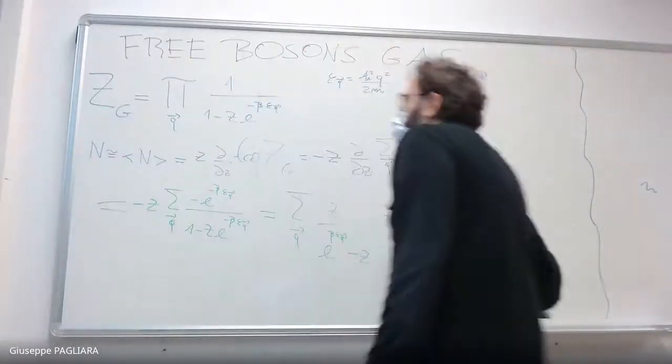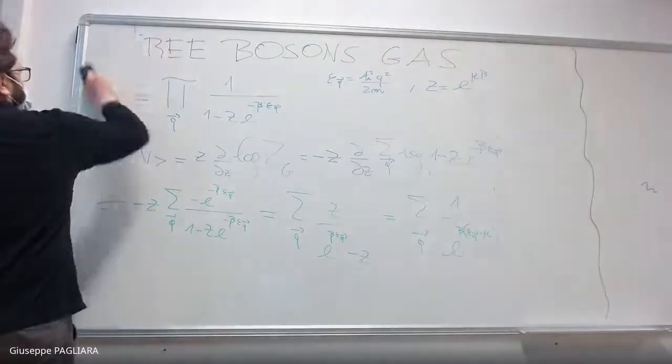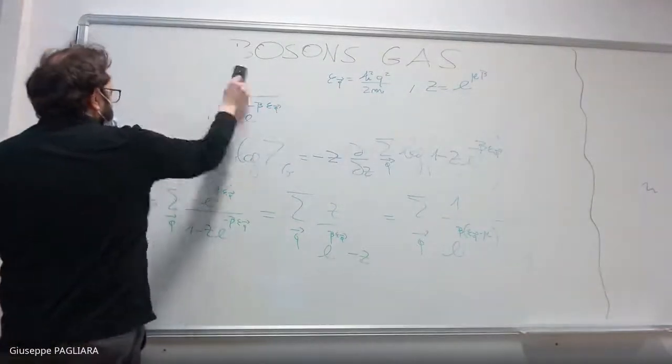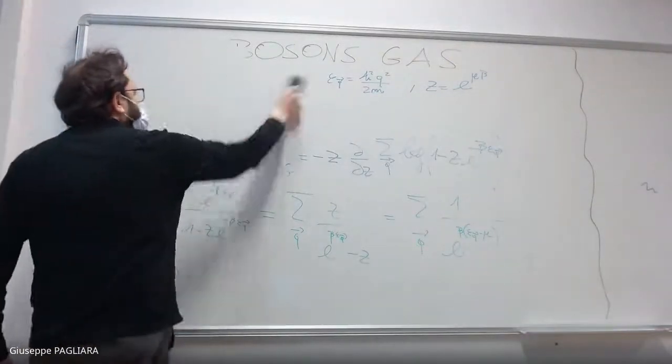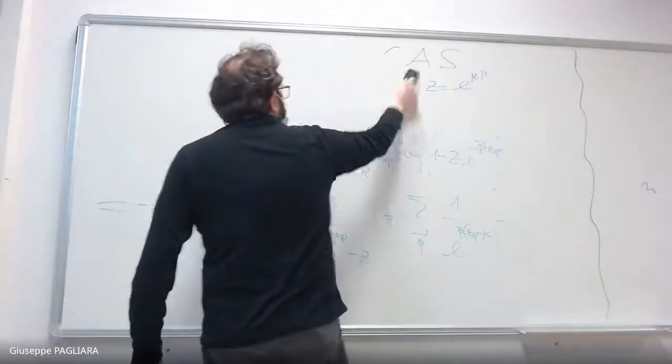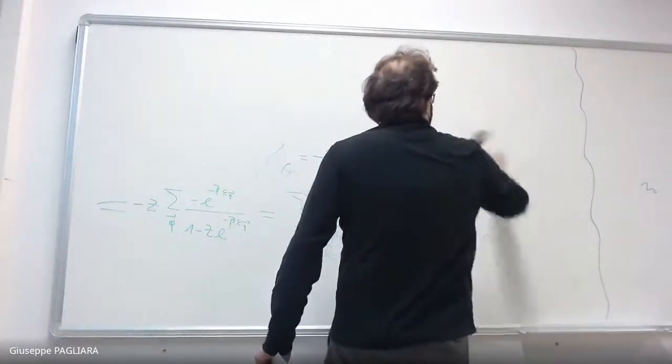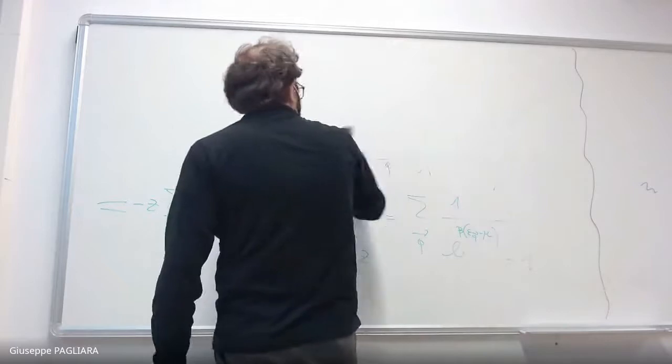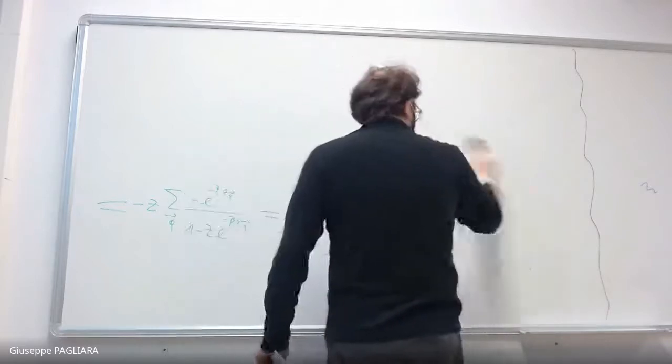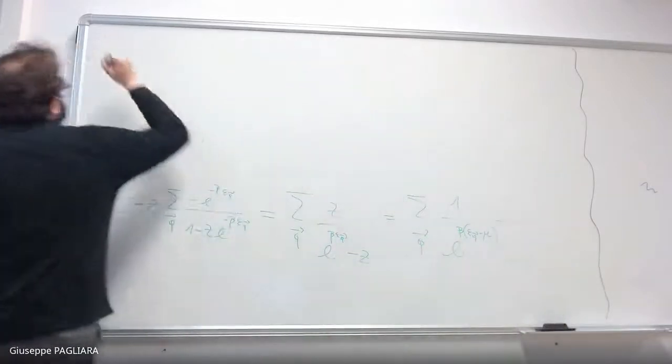Which is the average number of particles, which is a sum over q of this quantity, from which you recognize a result that you already know, which is the Fermi and the Bose-Einstein distribution, or the Bose-Einstein statistics.